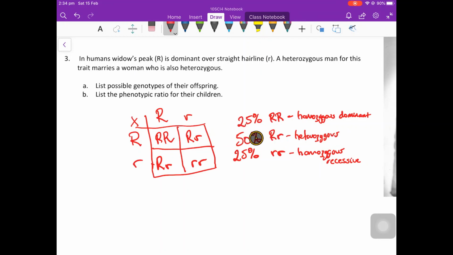We've got a 50% chance of being heterozygous. That'll also produce a widow's peak. So if we add those two things together, that's going to be a 75% chance of producing a widow's peak. And this one down here, 25% chance of being homozygous recessive, that will produce a straight hairline. So there's a 25% chance of producing a straight hairline.